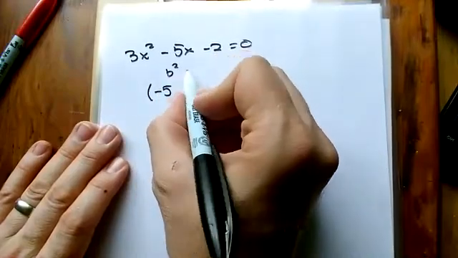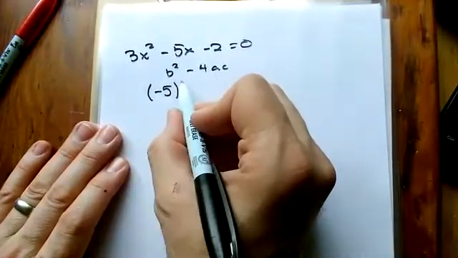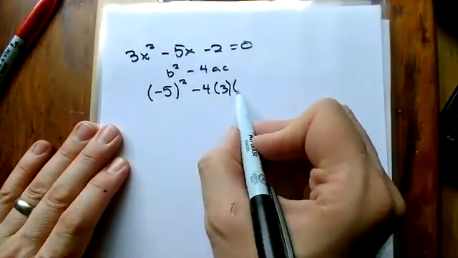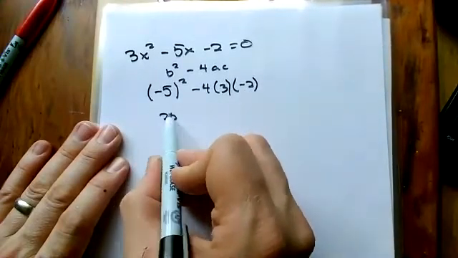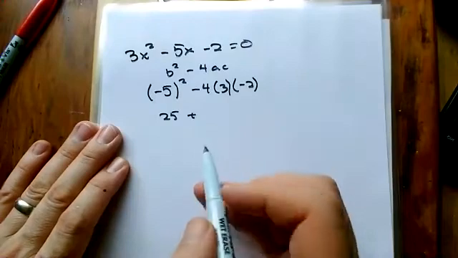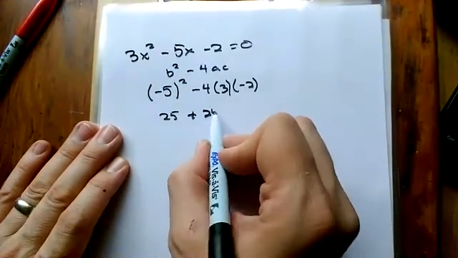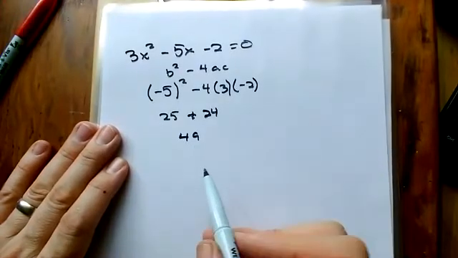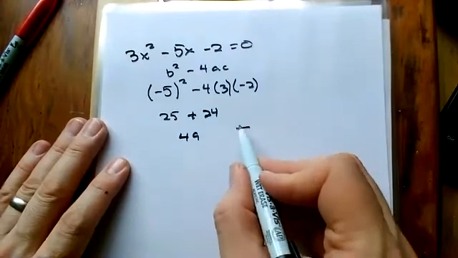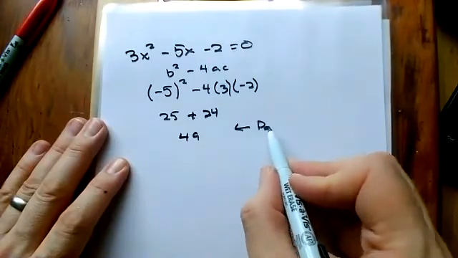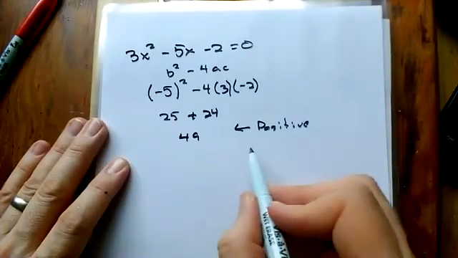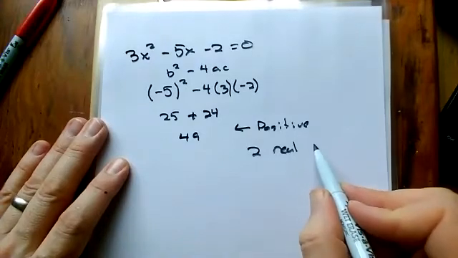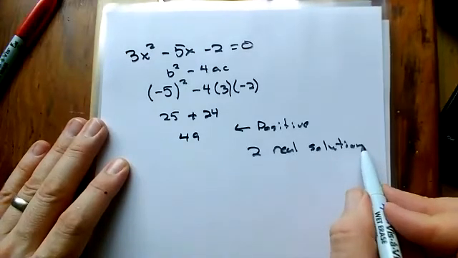I'm looking for this b squared minus 4ac. -5 squared minus 4 times 3 times -2. This would be 25 plus, well, 12 times 2 is 24. This would be 49. This is positive, which tells me that I would have two real solutions.